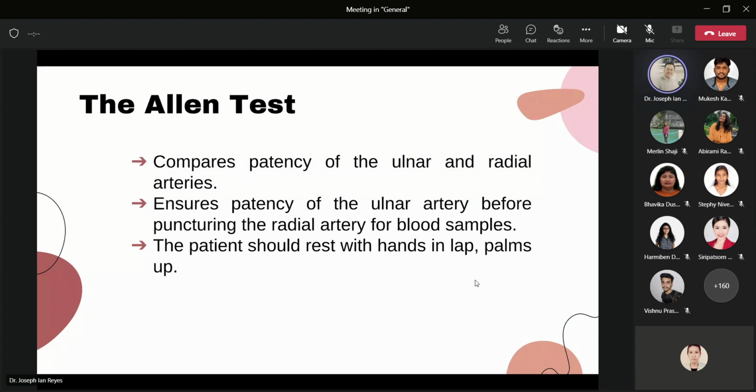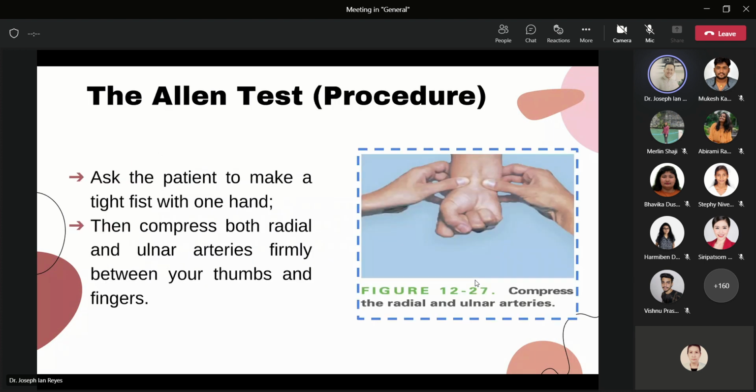Then you have your Allen's test. Allen's test compares the patency of the ulnar and radial arteries, so you can check for perfusion when you do the test. I hope you will check this in the book and on YouTube. How to do this is you occlude both arteries, then ask the patient to open their hand.